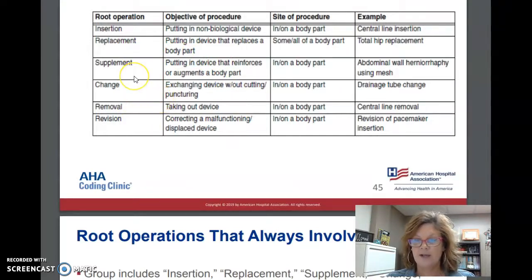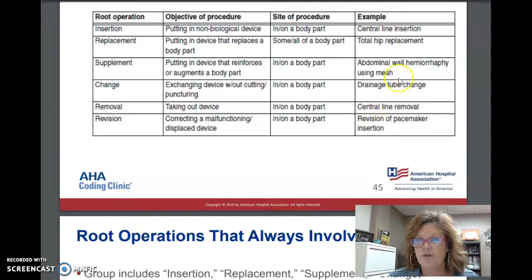Remember that. Briefly, we go through number 1, which is obstetrics. Obstetrics still has different roots, not as many, but a lot of them are the same, maybe a few different. Here we have insertion: putting in a non-biological device on a body part, like central line insertion. We have replacement, supplement, change, removal, revision.